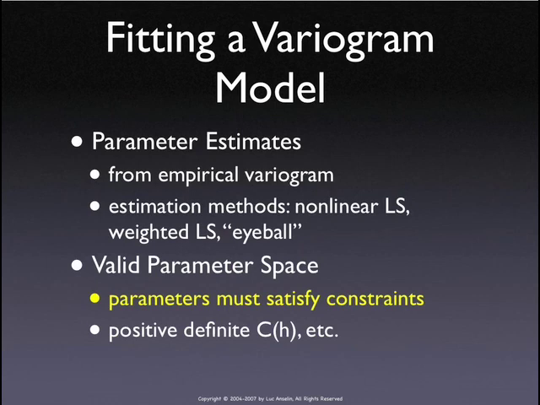And as I mentioned before, geostatistics comes out of engineering, mining engineering, and that's very practical. So there are a lot of ad hoc rules to fit theoretical variograms to the data. These are rules that are not necessarily based on statistical consideration. In fact, you will see the eyeball method, fitting by eye, still fairly common in practice.